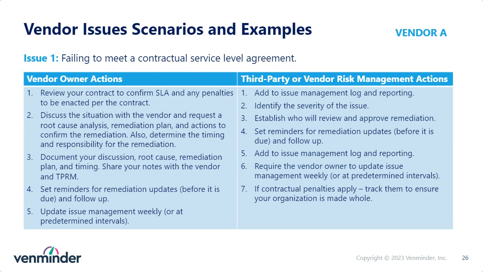Also, you need to discuss the situation with the vendor and request a root cause analysis, remediation plan, and actions for the remediation. So why did this happen? What are you going to do about it? When is it going to take place, and who is responsible at your organization?